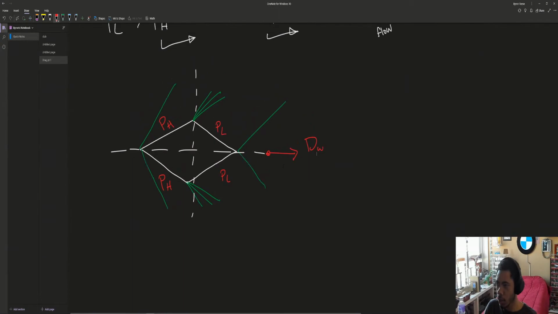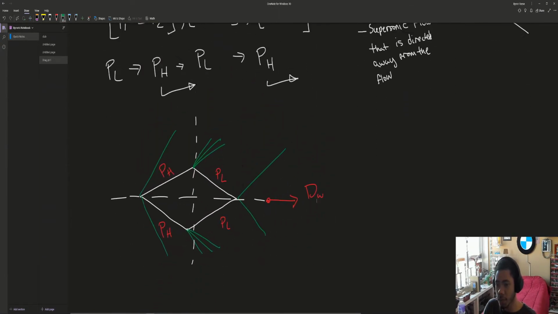Okay, so let's go ahead and get into our first equation for waves.